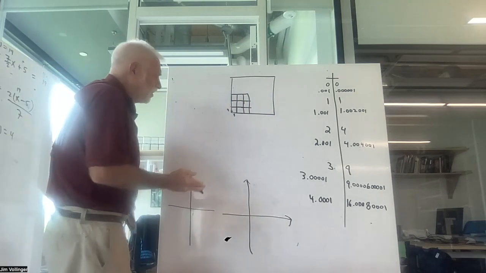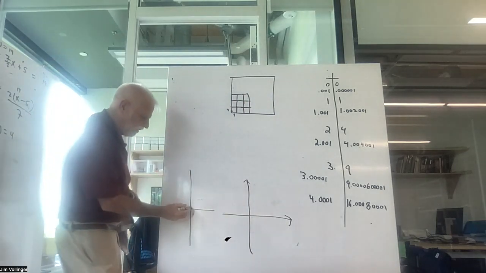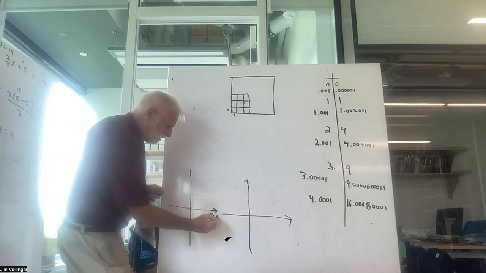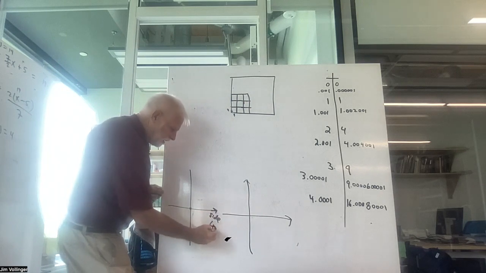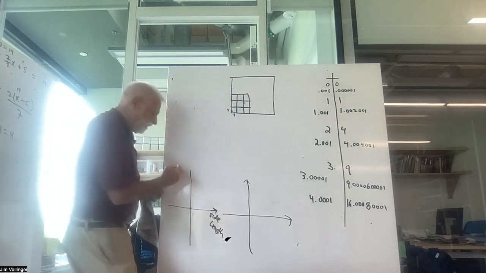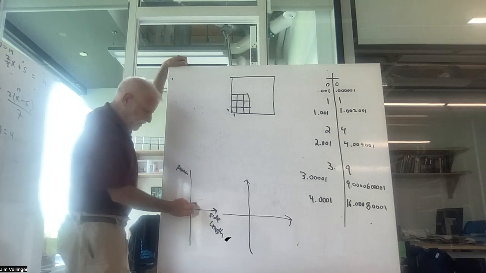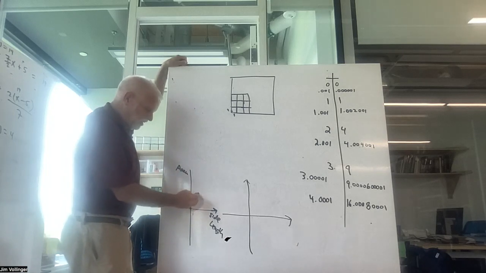And we could plot some of those values. The x-axis now is side length, and the y-axis represents area. There are some famous ones. 0 times 0 is 0. 1 times 1 is 1. 2 times 2 is 4. 3 times 3 is 9.